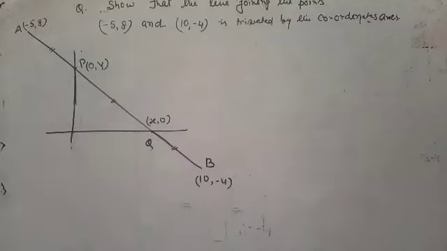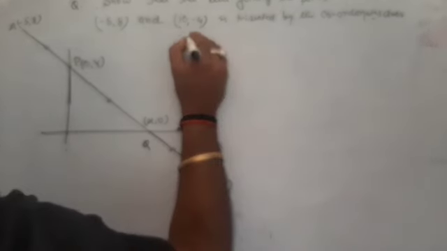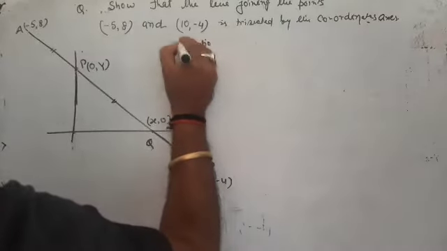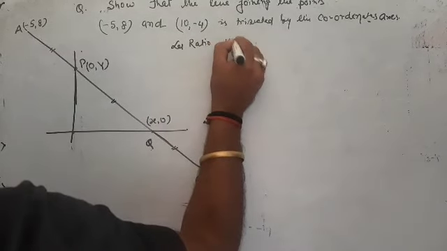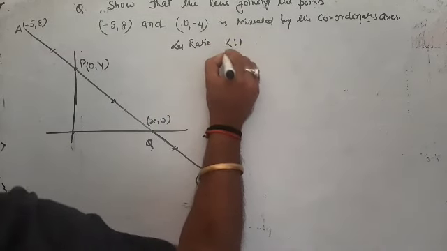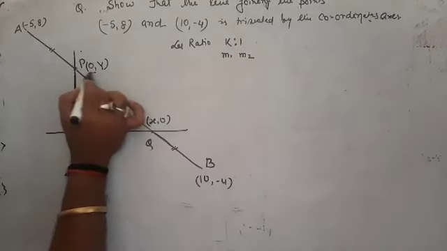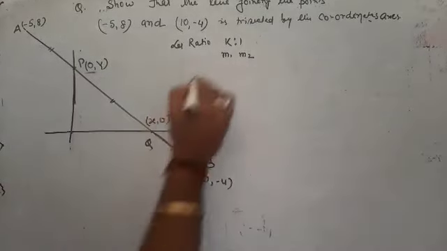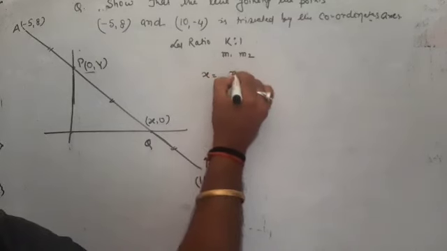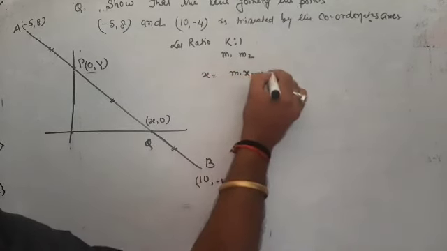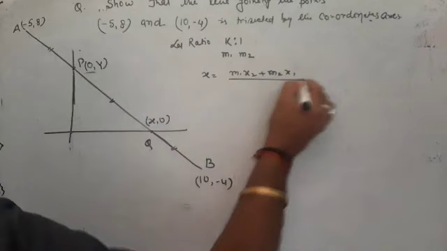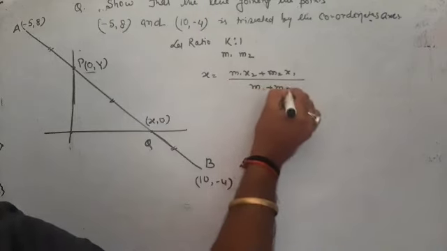So let's start. Let the ratio be k:1. So this is your m1 and this is your m2. I am using P. So for P, x is given, value of x is 0. So x is equal to (m1 x2 plus m2 x1) by (m1 plus m2).